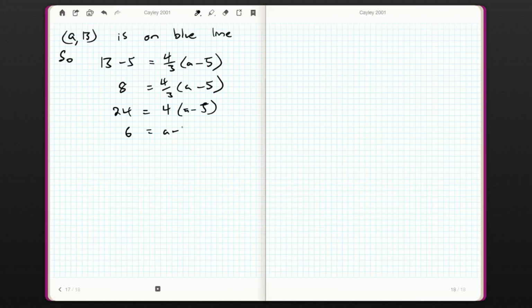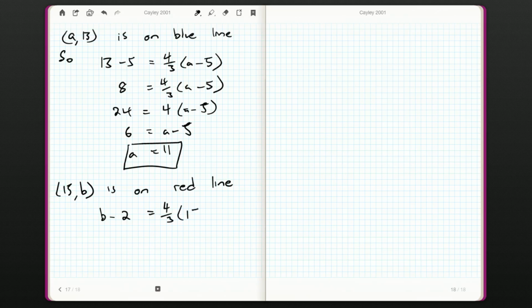So 6 is A minus 5. And A is going to be 11. Okay? And we know that 15B is on the red line. So that means B, which is the y coordinate, minus 2 is 4/3 times 15 minus 9. So that's 4/3 times 6, which is 8. So B is 8 plus 2, which is equal to 10.